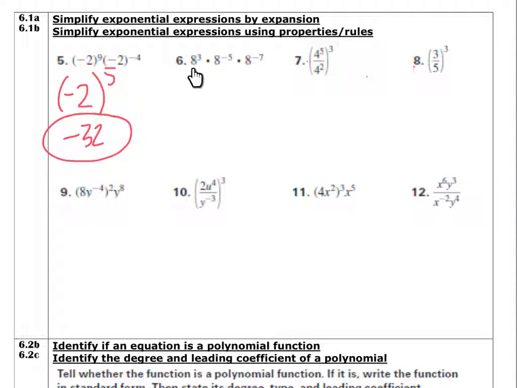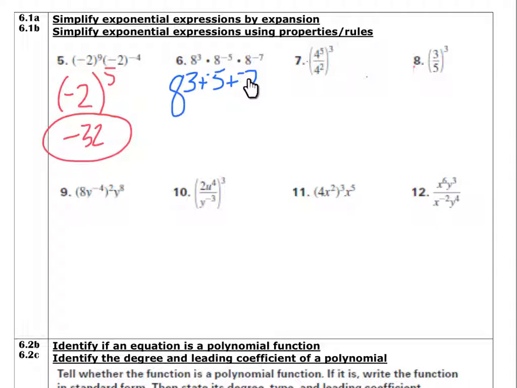Number 6, we have these three powers that all have the same base of an 8, and 8 to the 3rd times 8 to the negative 5th times 8 to the negative 7. Because of that, again, you can just add their exponents. So what you would do in this case is you would do 8, and you would take 3 plus the negative 5, and then plus the negative 7. If you add those together, you're going to have 3 plus negative 5 is negative 2.